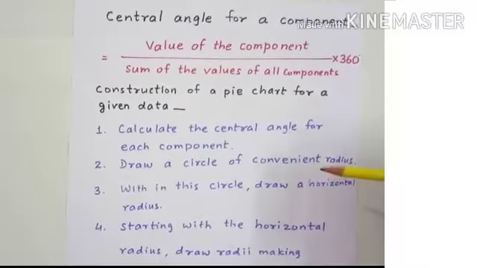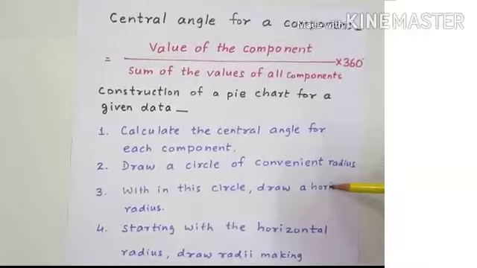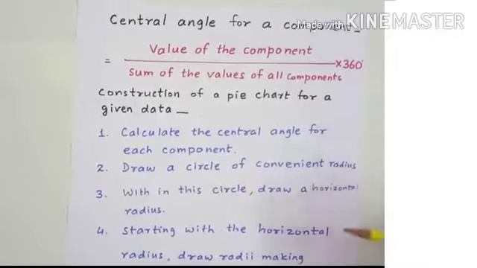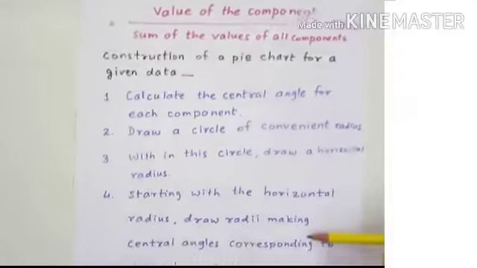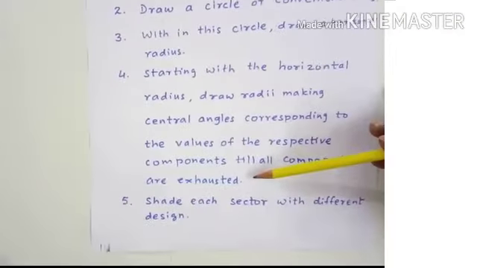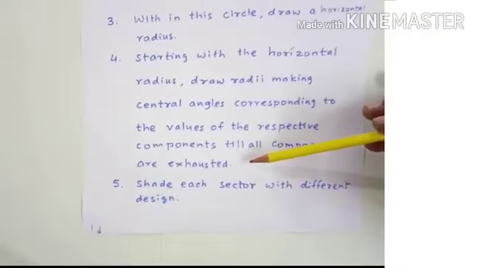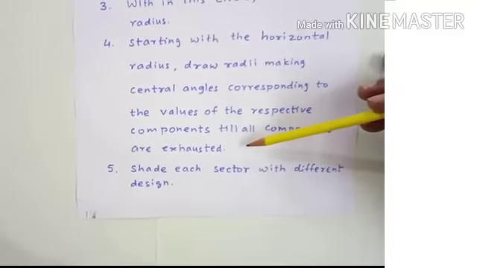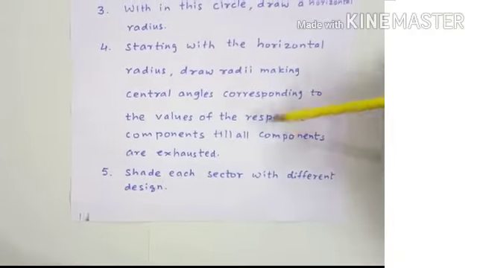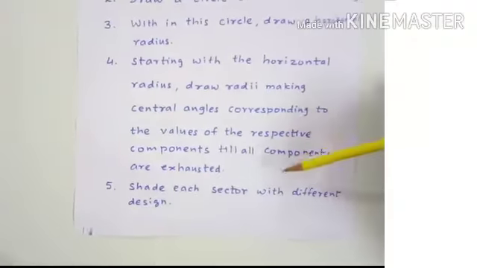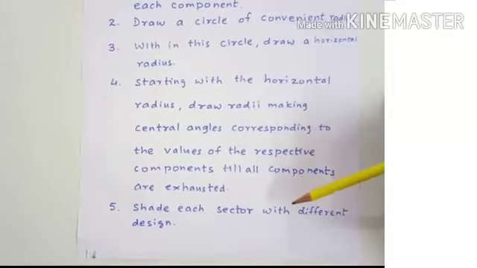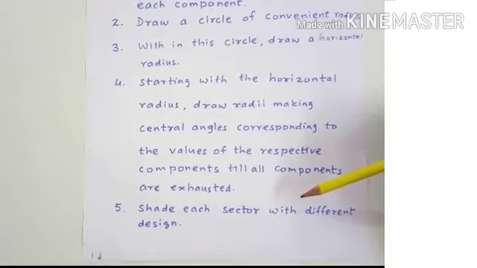With its radius, we start making central angles corresponding to the values of the respective components till all components are exhausted. Now you can set the sectors with different colors and designs. By this process, we will make the pie chart of question number one of our exercise 24A.